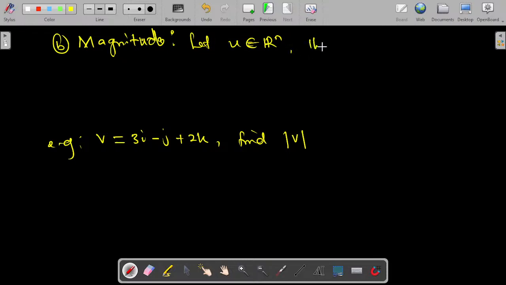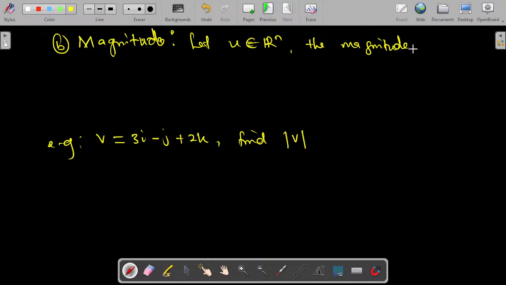So the magnitude is defined as the square root of the sum of the squares of its components. For those of you that want to write it, the square root of the sum of the squares of its components.